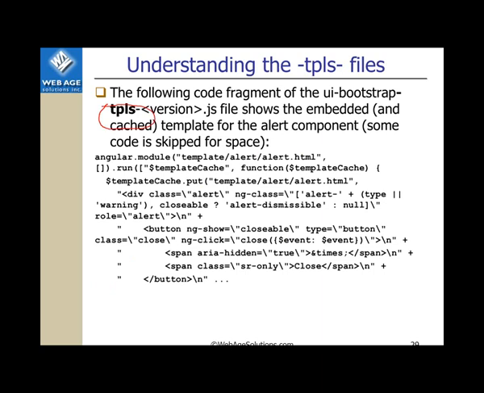So here's what you would see when you open that TPLS file. This is alert, which is currently embedded. As you see, AngularJS uses that template cache. It puts an element by this key, which corresponds to the module name. And the whole thing is like a div. If you open Bootstrap CSS, you would find this fragment in Bootstrap components. UI Bootstrap implements it.